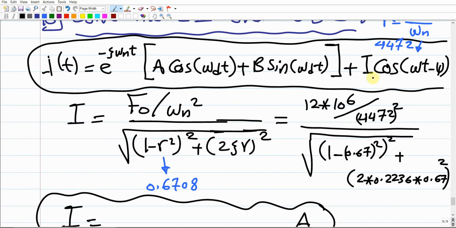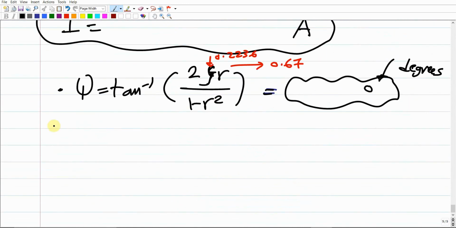Then your objective is just to substitute. So if we substitute all of this data into this equation, we're going to end up with the current.